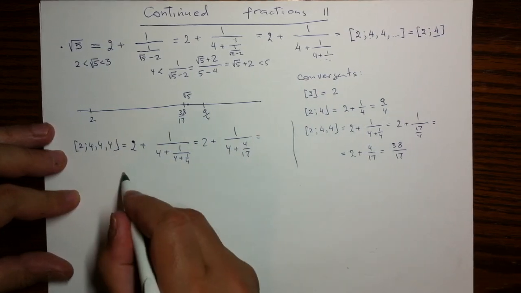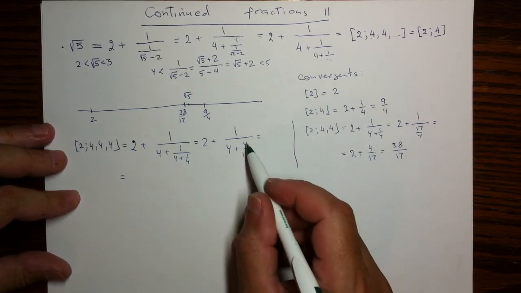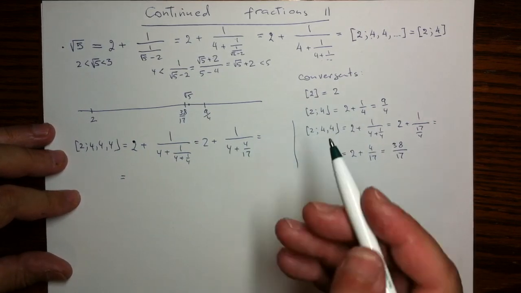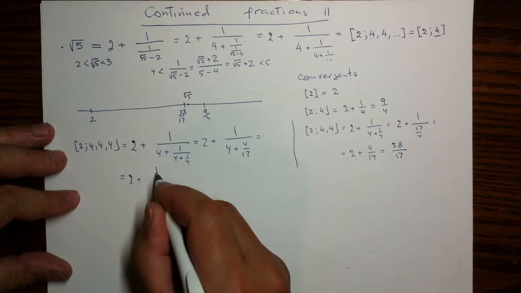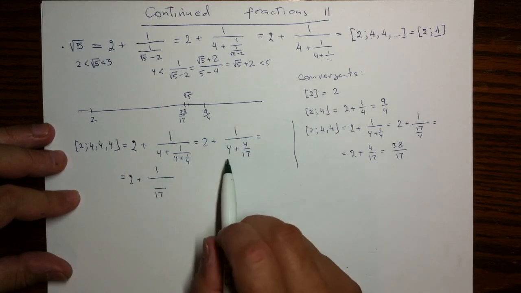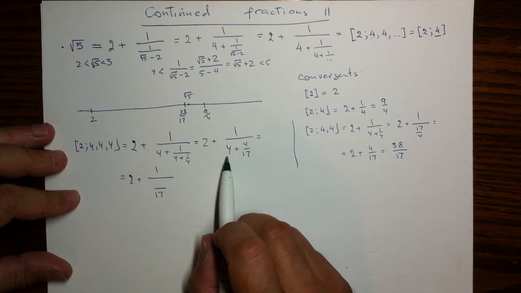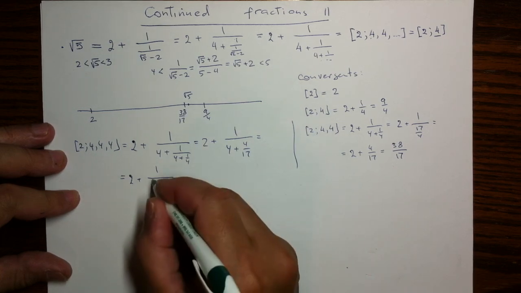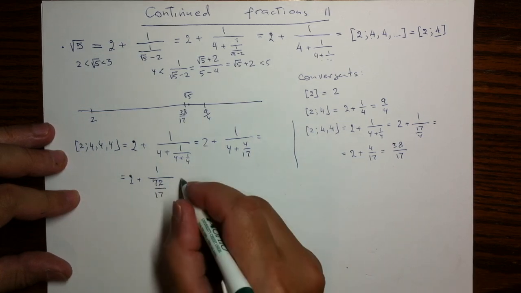And so to move, we have to combine that into one rational, and that will be 68 plus 4, so it will be 72 over 17.